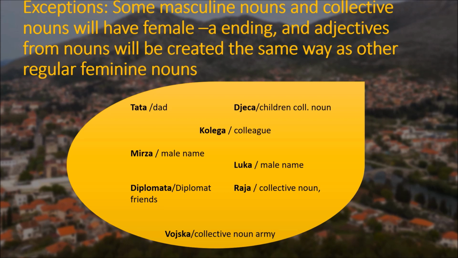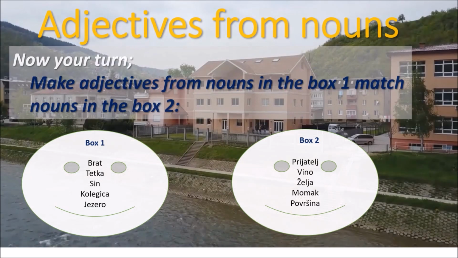If you wish, you can write me in the comments below your sentences with some of these words to practice. If you don't want to do that, I already have another homework for you. I have listed here on the left your box 1. I have labeled them as box 1 and box 2. On the left side, you can see there are 5 nouns: brat, tetka, sin, kolegica and jezero.